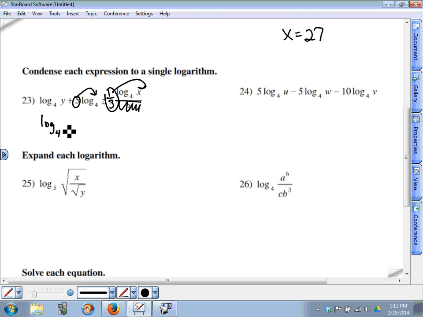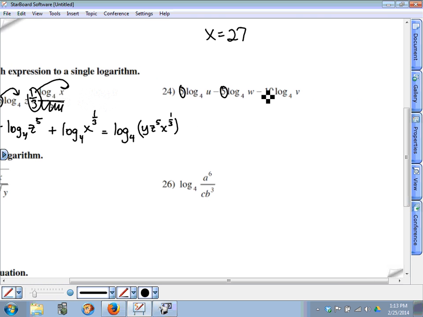So this is the log base 4 of y plus log base 4 of z to the 5th plus log base 4 of x to the 1/3. Now since all 3 logarithms are adding together, we can condense this using multiplication. So all of those terms have to multiply. y times z to the 5th times x to the 1/3.